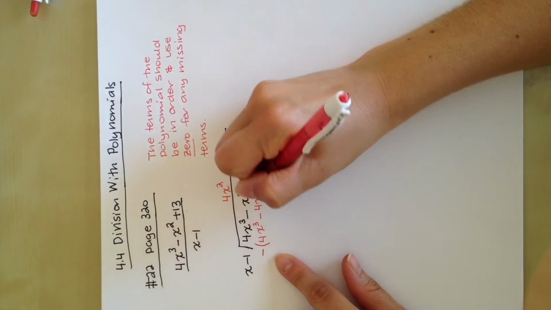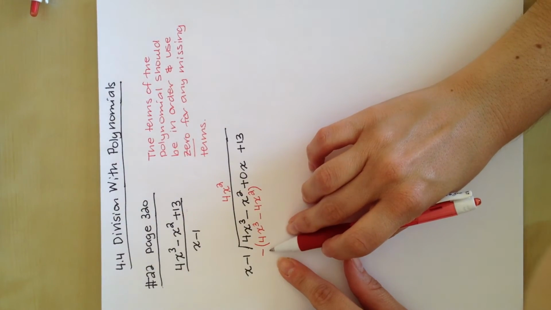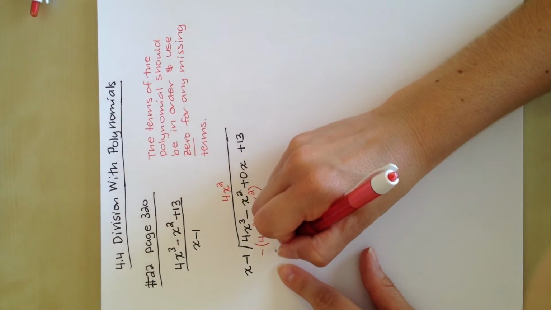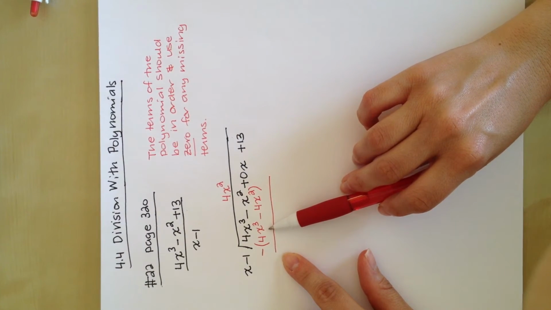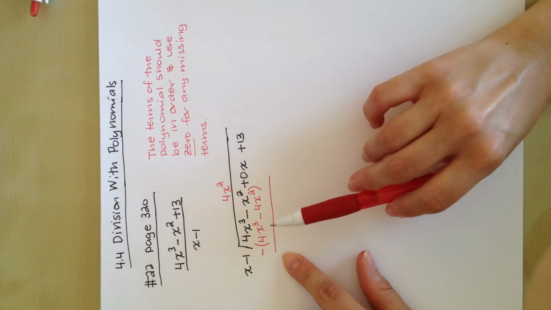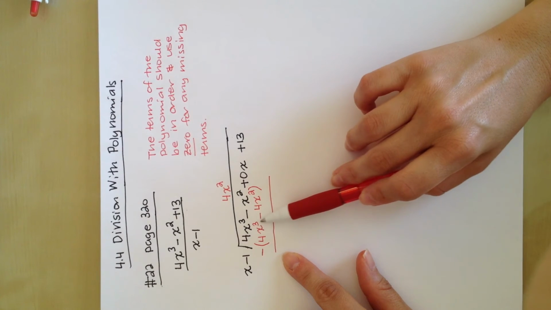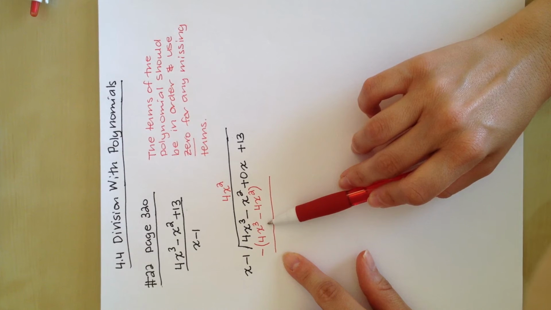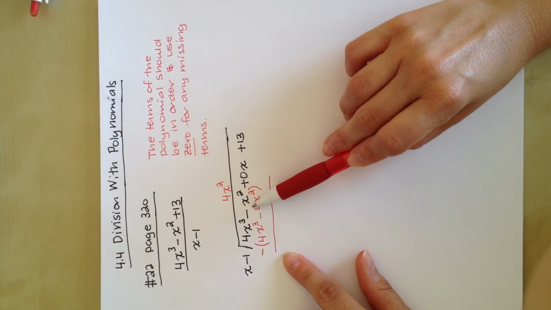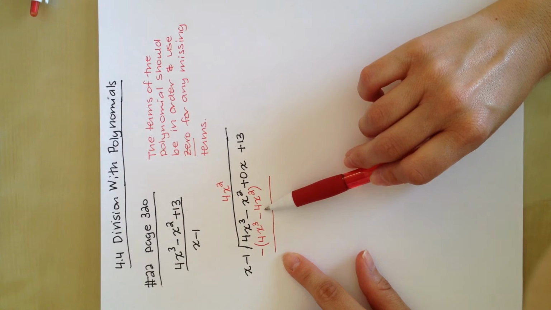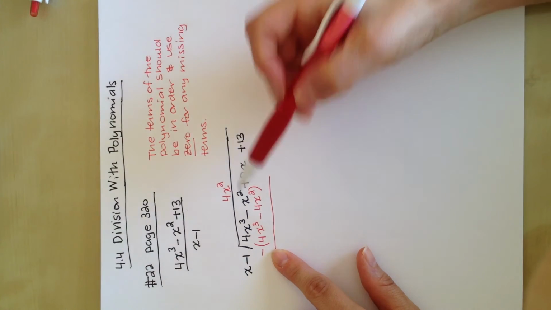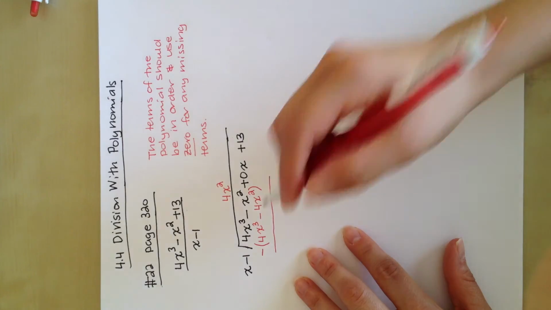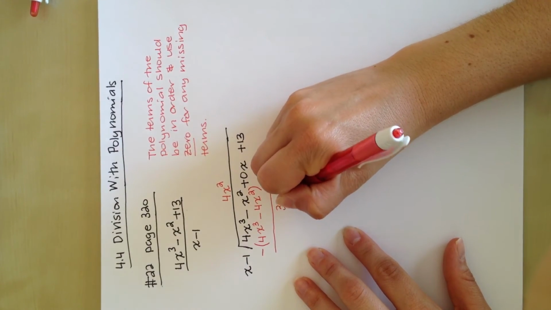Therefore, I'm going to use parentheses, and you need to distribute the -1 inside. 4x cubed minus 4x cubed, that's 0. You always want to make sure that the first terms give you 0. Now, we have minus x squared plus 4x squared, because you are distributing, so this becomes a plus 4x squared. Combine your like terms, and we get 3x squared.